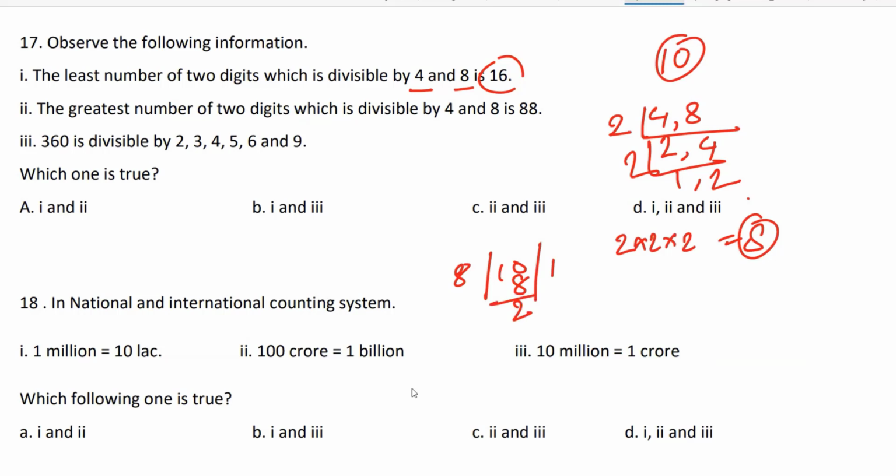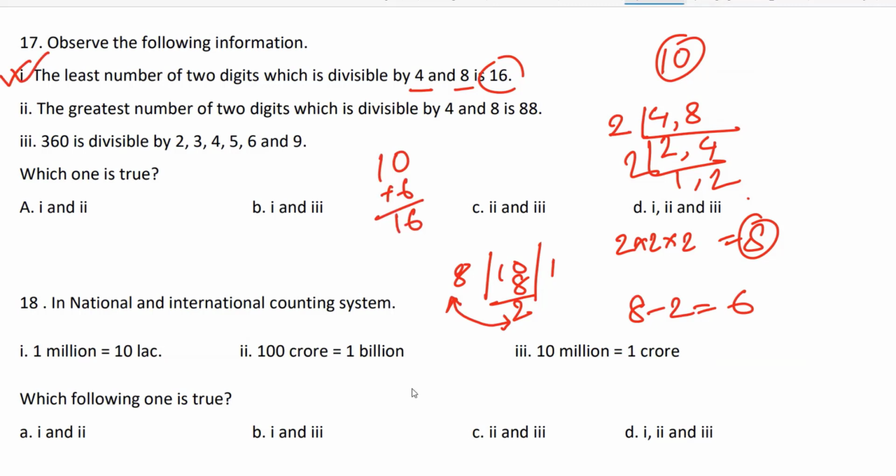The difference is 8 minus 2 equals 6. Add 6 to the least number 10, and this is 16. So the first information is correct.